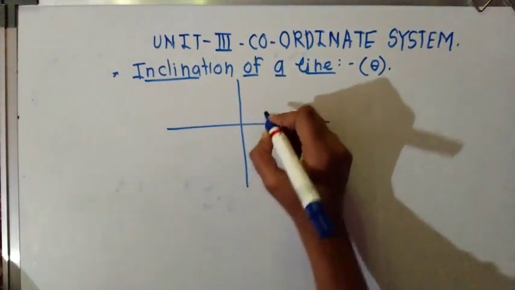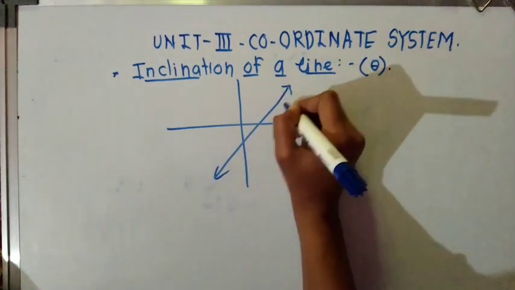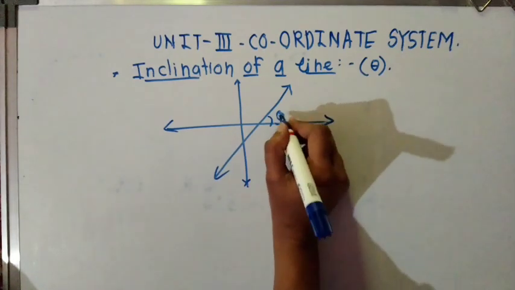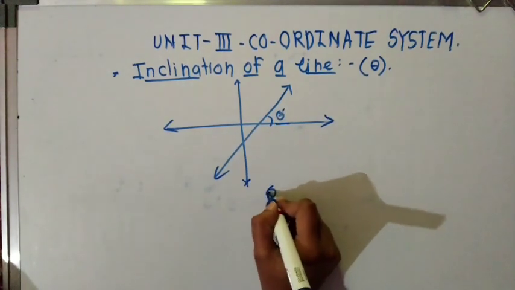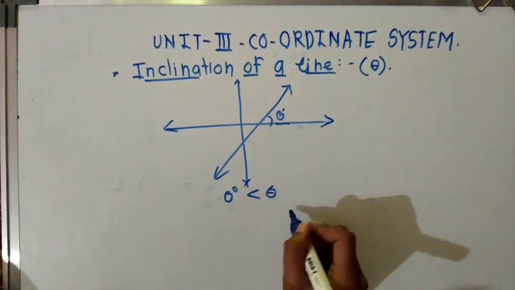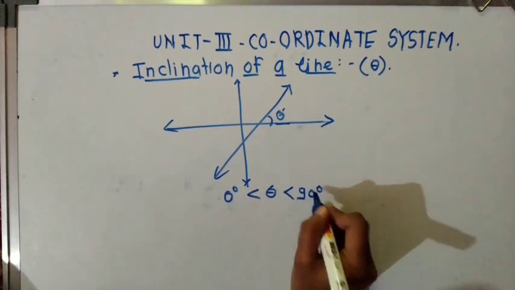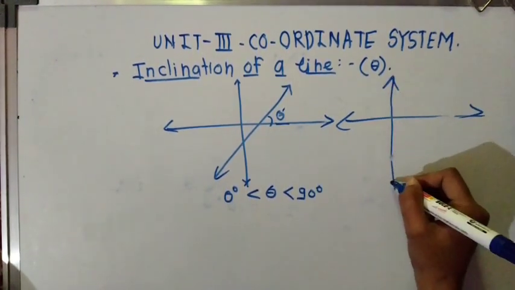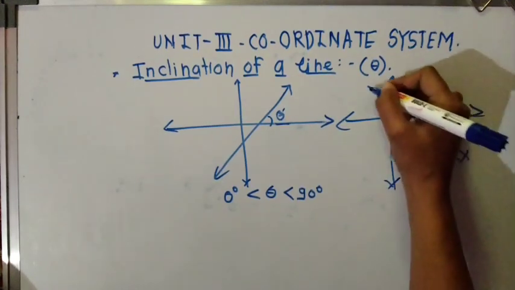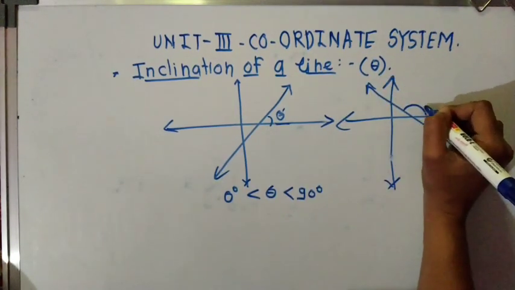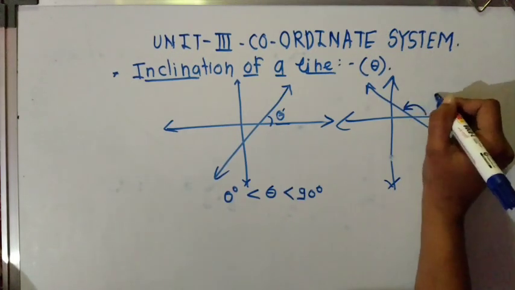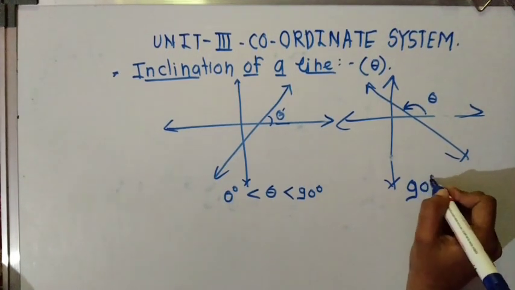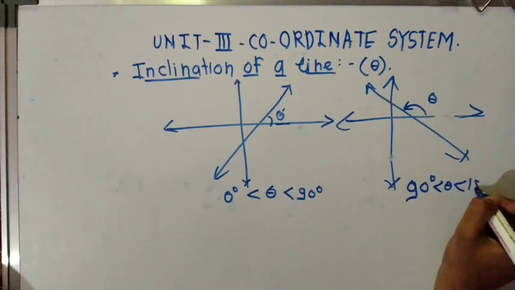Suppose here this theta lies between 0 degree and 90 degree, and suppose here this theta lies between 90 degree and 180 degree.